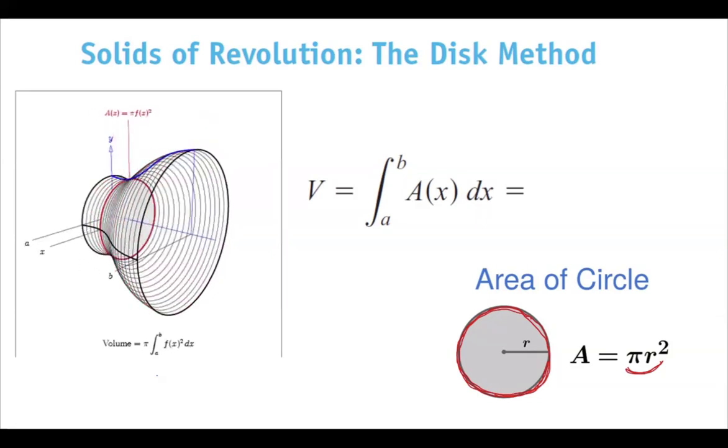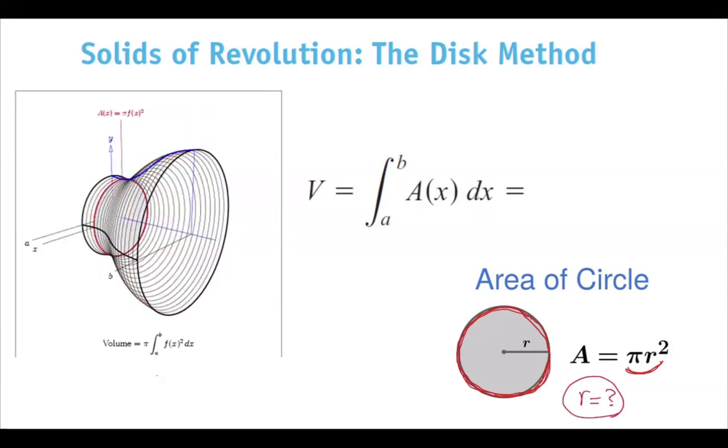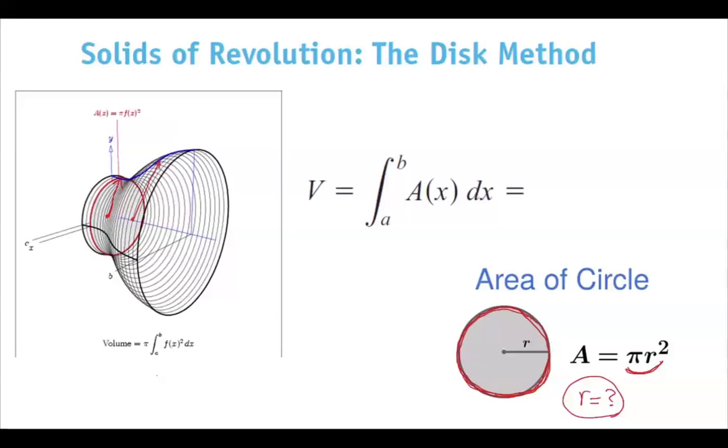But what is r here? When you want to calculate r, your r is changing. Take a look from the smallest r, and it starts increasing, increasing, increasing. So r is changing as x increases to the right-hand side.